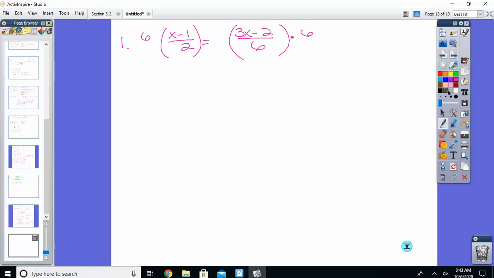When you do that, 6 divided by 2 is 3. So the 2 is gone now, and this is a 3. So you have 3 times the x minus 1. Over here, these 6's drop, so that's 3x minus 2.